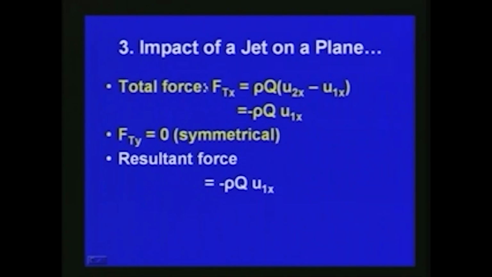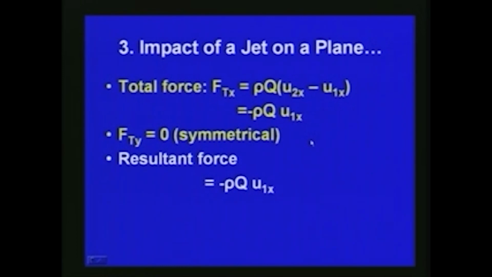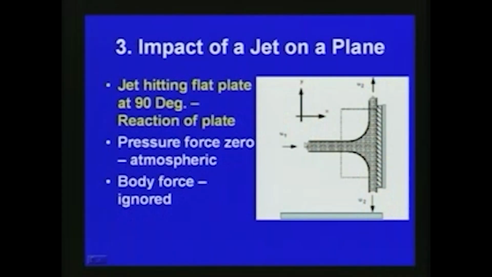Now the total force Ftx is equal to rho q multiplied by u2x minus u1x. We are finding the force in the x direction. So Ftx equals rho q into u2x minus u1x, where u2x is the velocity in the x direction after the jet has impinged on the plate, and u1 is the velocity of approach.